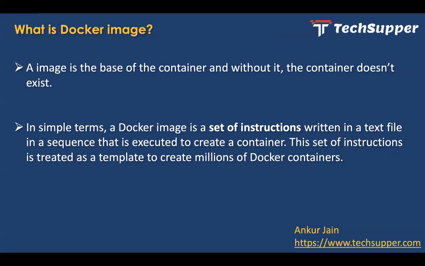In simple terms, a Docker image is a set of instructions which is written in a text file, and the file name is a Dockerfile by default, and it is in a sequence that is executed to create a container. This set of instructions is treated as a template to create millions of Docker containers. Which means a single image can be used to create multiple containers.